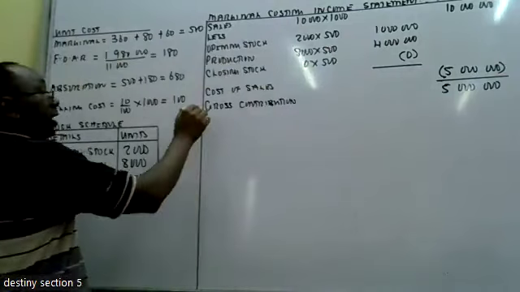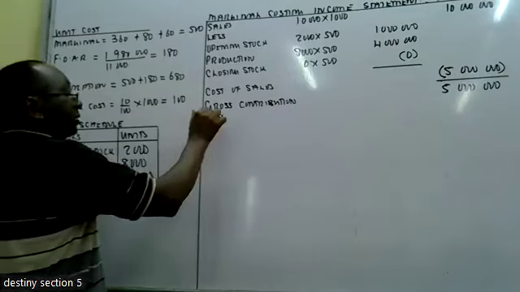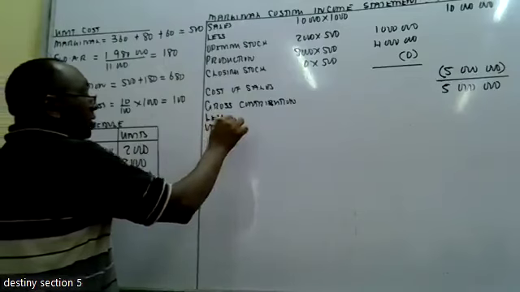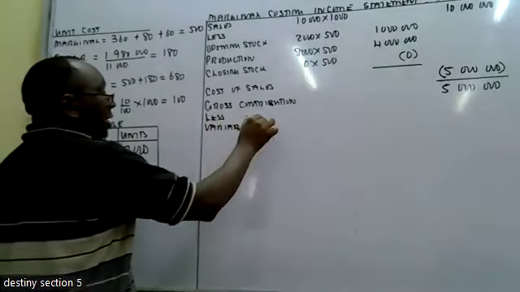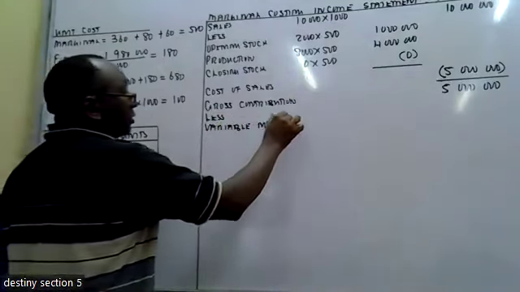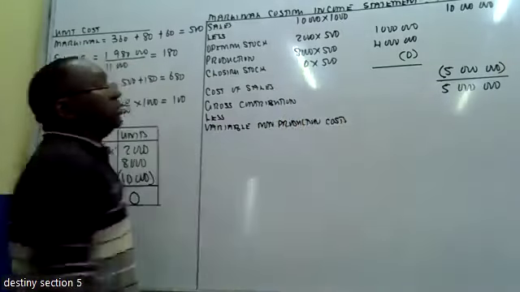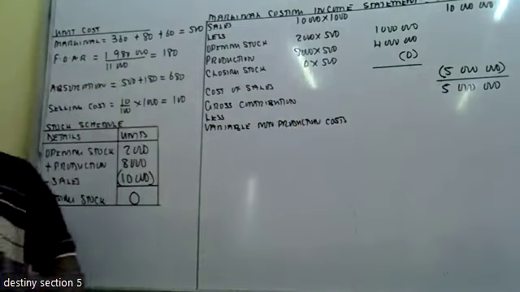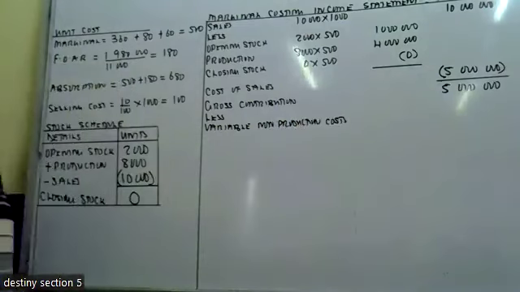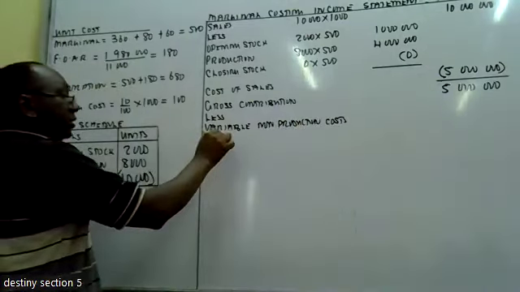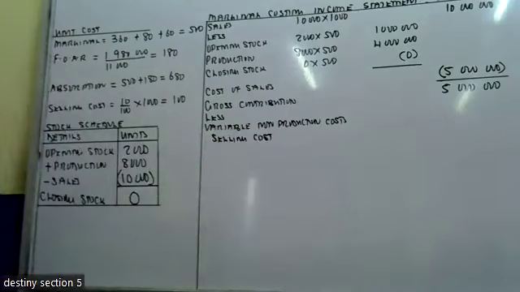From there, tukasema you less variable non-production costs. So the variable non-production costs, this question has them. The first one and the only one is selling costs. We need to show the working.